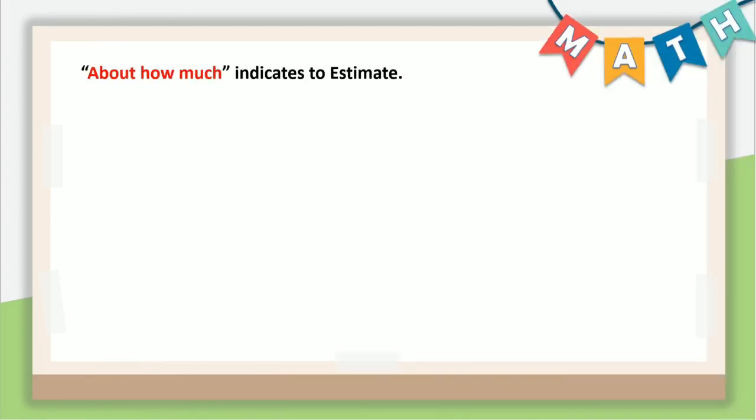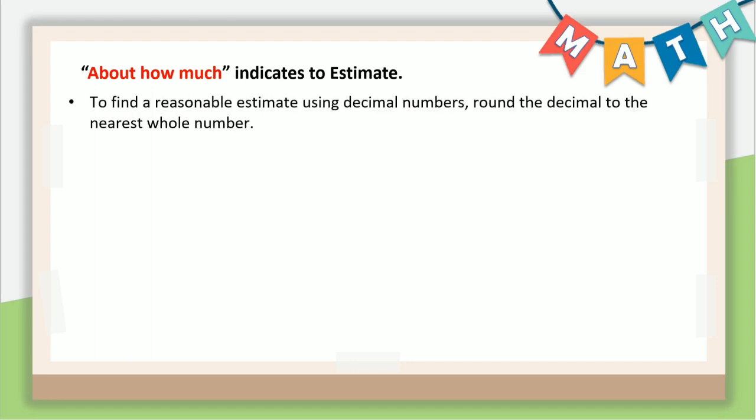About how much indicates to estimate. To find a reasonable estimate using decimal numbers, round the decimal to the nearest whole number. In our problem, we have 13 and 50 hundredths and 14 and 30 hundredths as the given numbers.